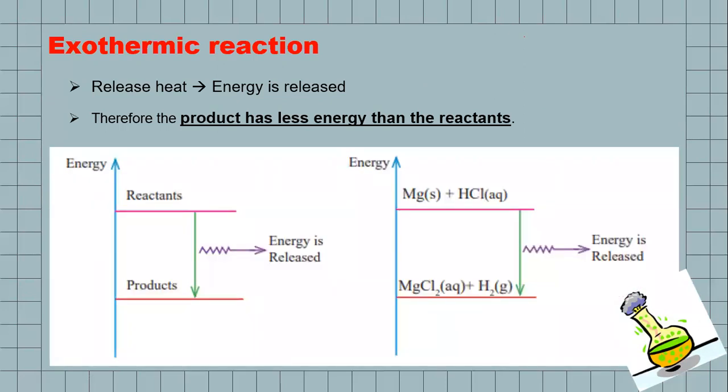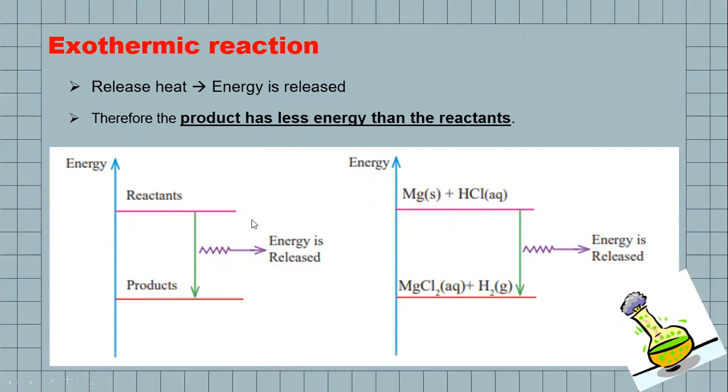So we can illustrate the exothermic reaction by using an energy level diagram like this. Here you can see the reactant and the product. The product has less energy than the reactant. The reactant has high energy and the product has less energy.